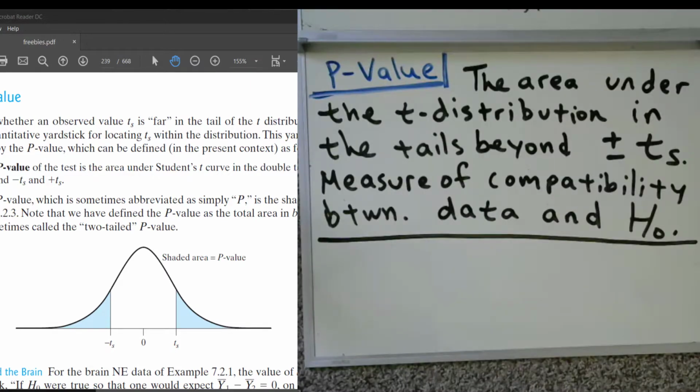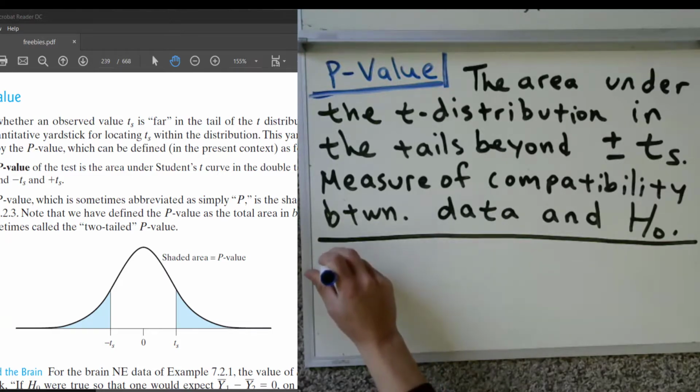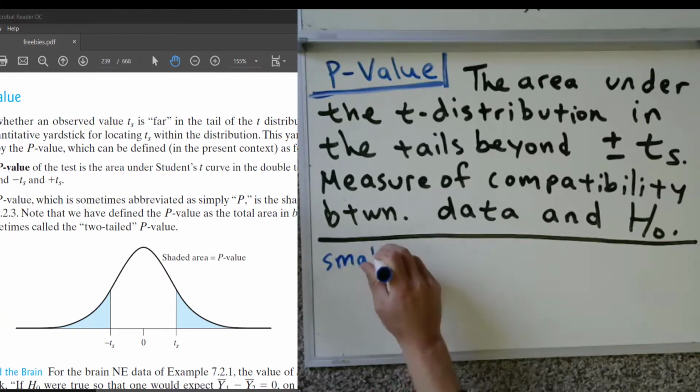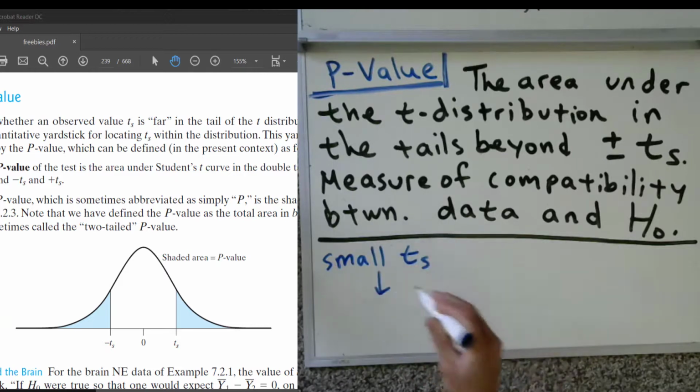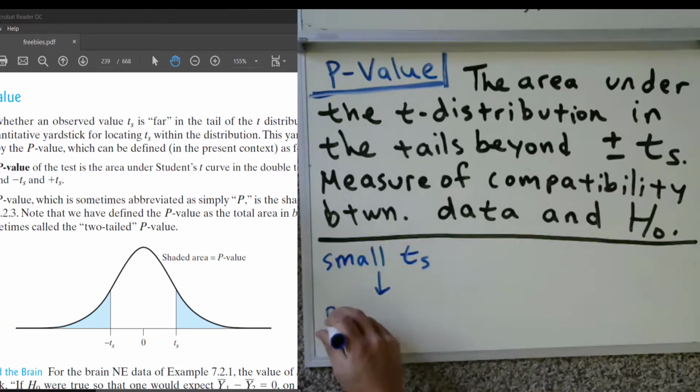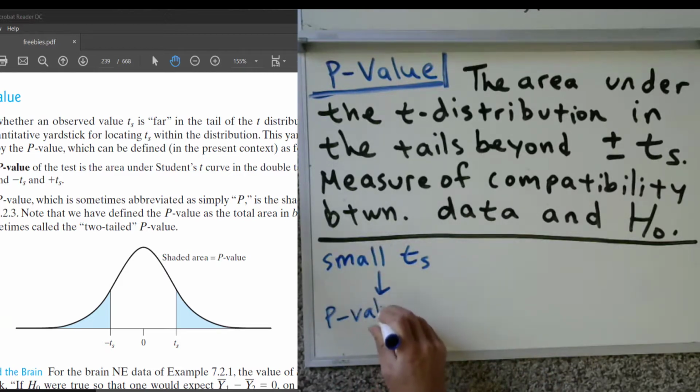Let's look at a couple generalized examples to compare these two potential conclusions. Those conclusions being either we have support for the alternative hypothesis or we do not. So let's start with, what does a small test statistic look like and how that translates into this p-value.